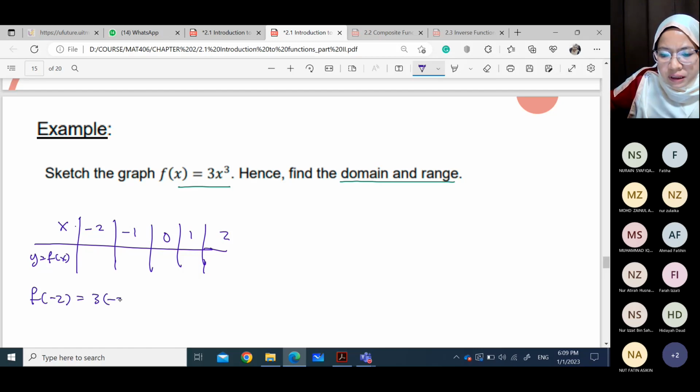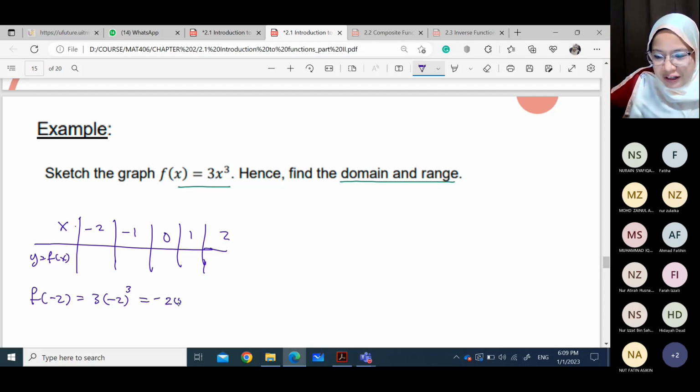So 3 times negative 2 cube. Kita akan dapat berapa tu? Negative 2 power of 3. 8 kan? So 3 times 8 we have 24. Betul tak? Negative 24. Oh, besar ni. Negative. Betul tak negative 24 ni?